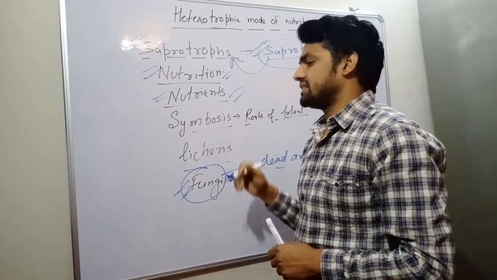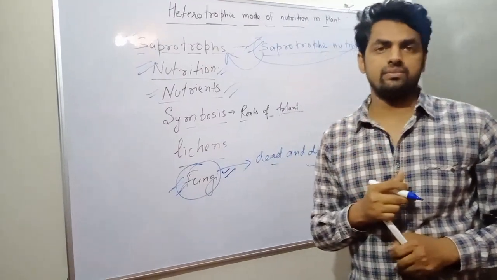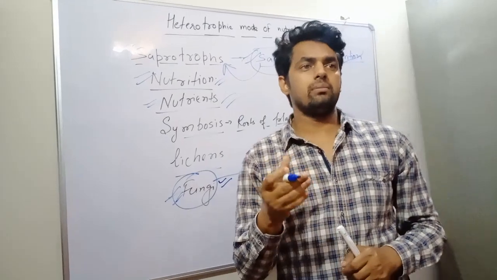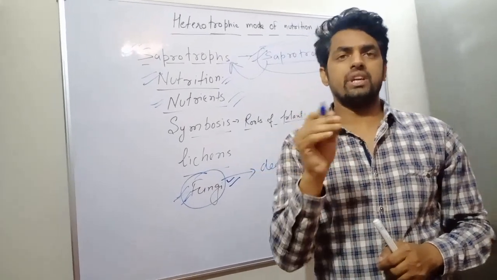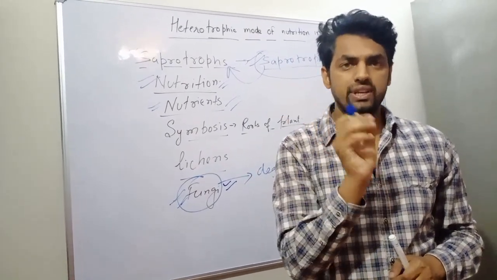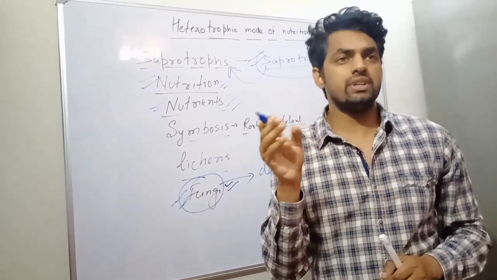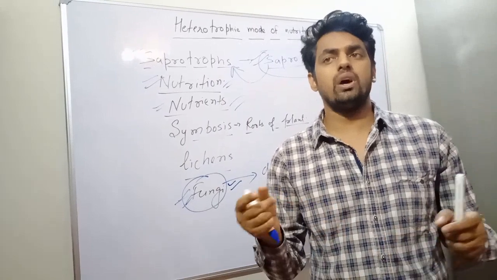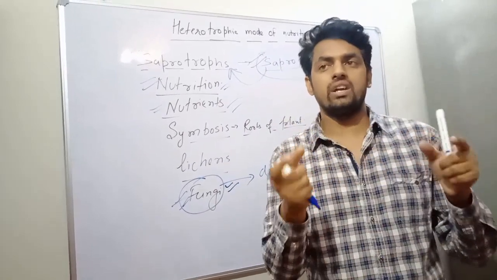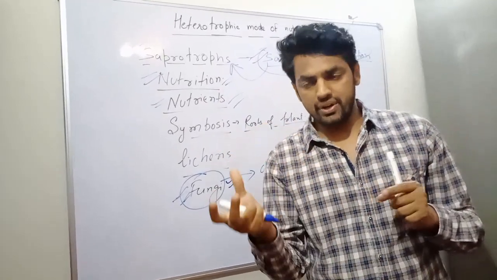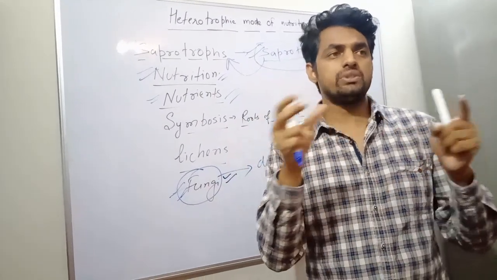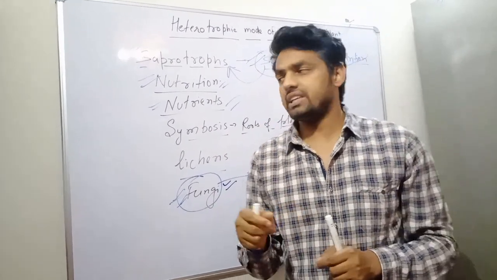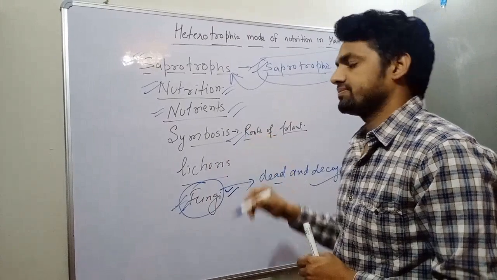Now symbiosis. There are some organisms which live together and share their water, nutrition and shelter with each other. Such organisms that live with each other and share nutrition and shelter are known as symbiosis.